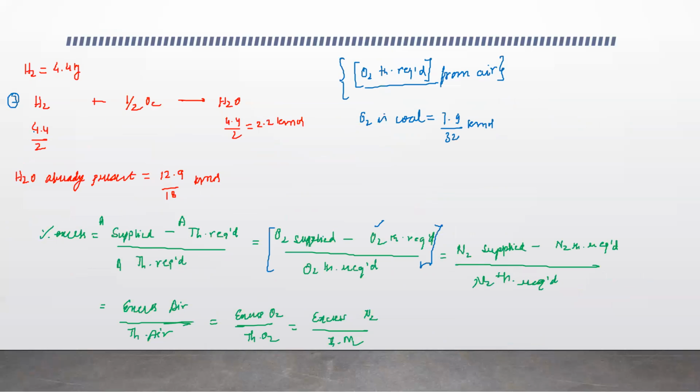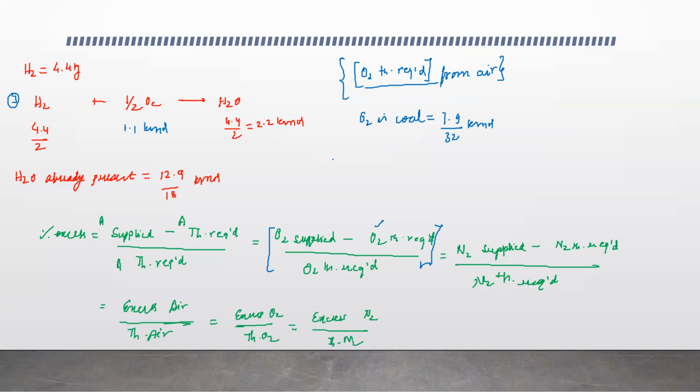And over here, whatever moles of hydrogen are reacting, we need half of them. So 4.4/2 into 1/2, that is 4.4/4, that is 1.1 kilomoles.